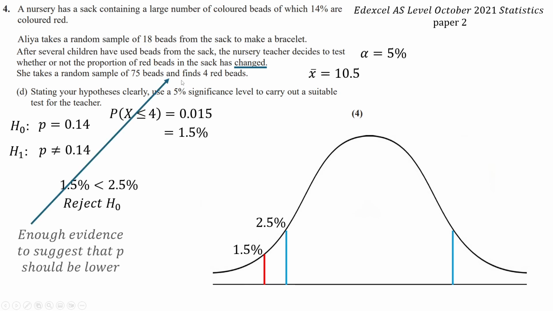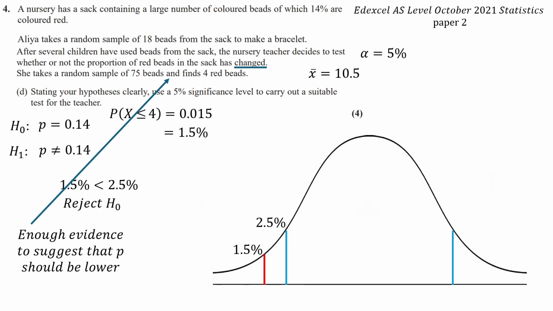And this is our evidence, because this evidence is saying that it was a really low coincidence to get this. So we should say that P should be lower, because remember, our mean was 10.5, but we got 4 beads. That's a massive difference, that's 6.5 beads difference.